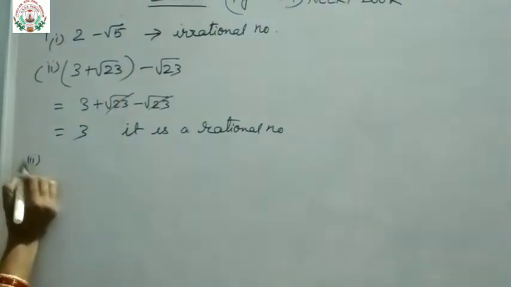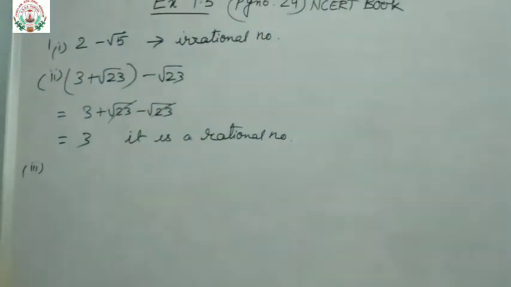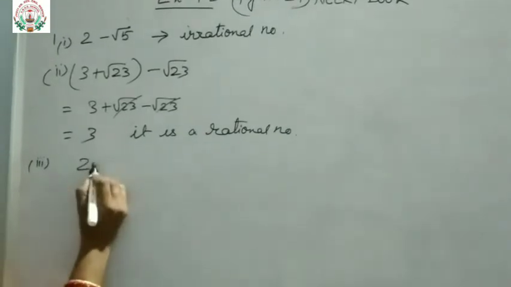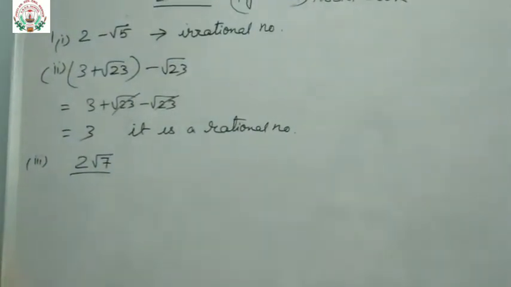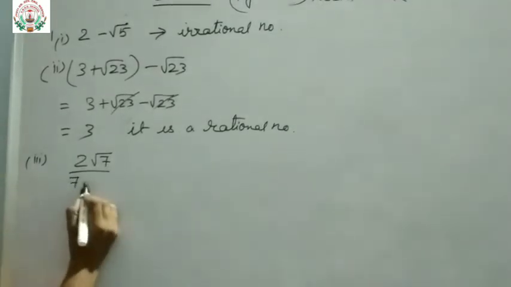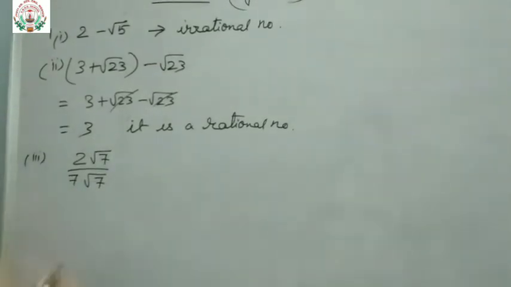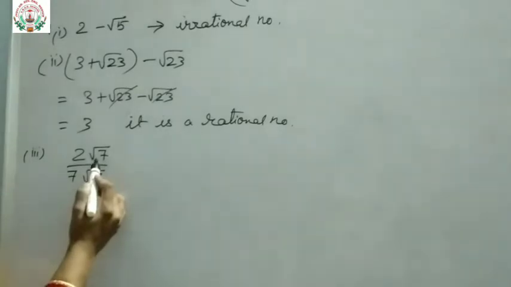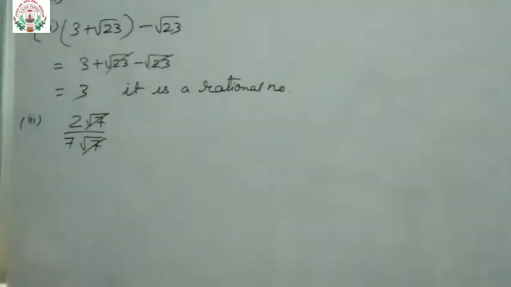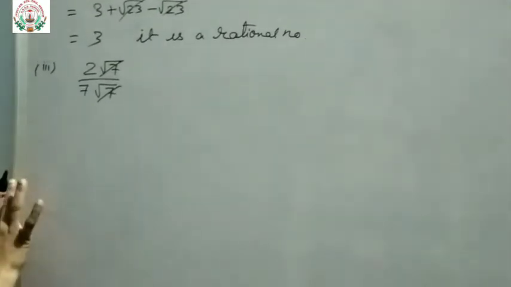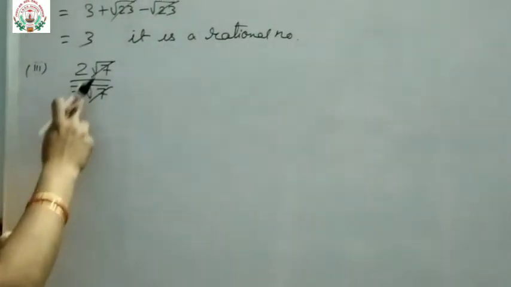Now the third one. That is 2 root 7 upon 7 root 7. Now in the numerator and denominator you can see root 7, so I can cancel it off because it is in multiplication form. Plus and minus we cannot cancel, but this is in multiplication form, so it can be cancelled.